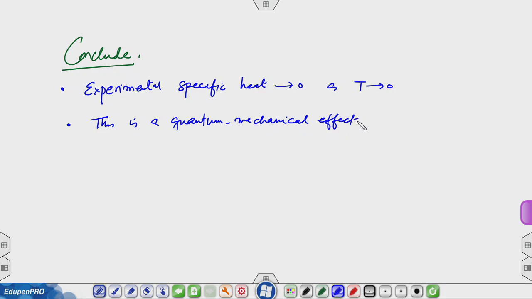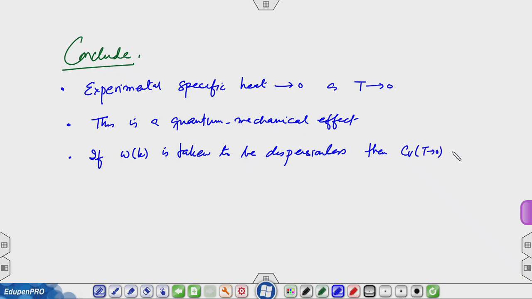So, in lattice vibrations, I have to take this quantum mechanical thing into account, and you will see its consequences as we go further. Then, if omega k is taken to be dispersionless, then Cv as T tends to 0 is proportional to e raised to minus h cross omega over kBT.